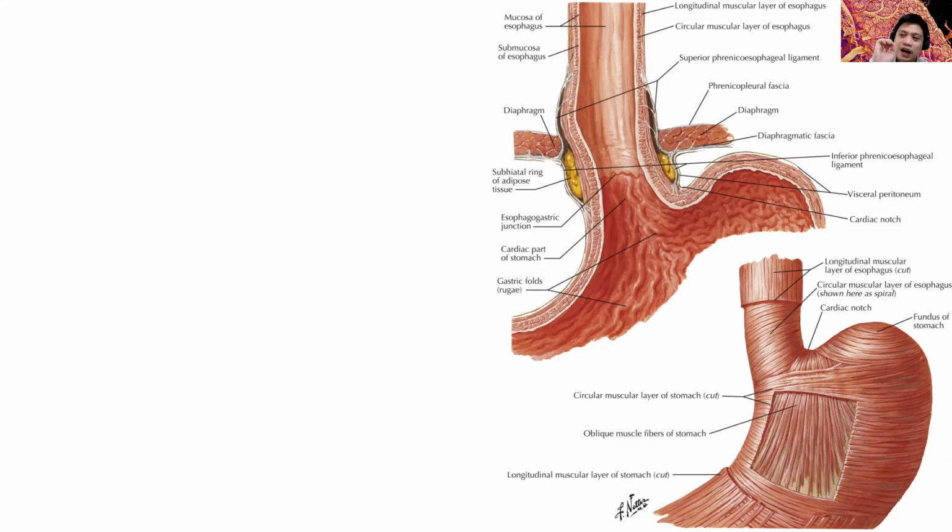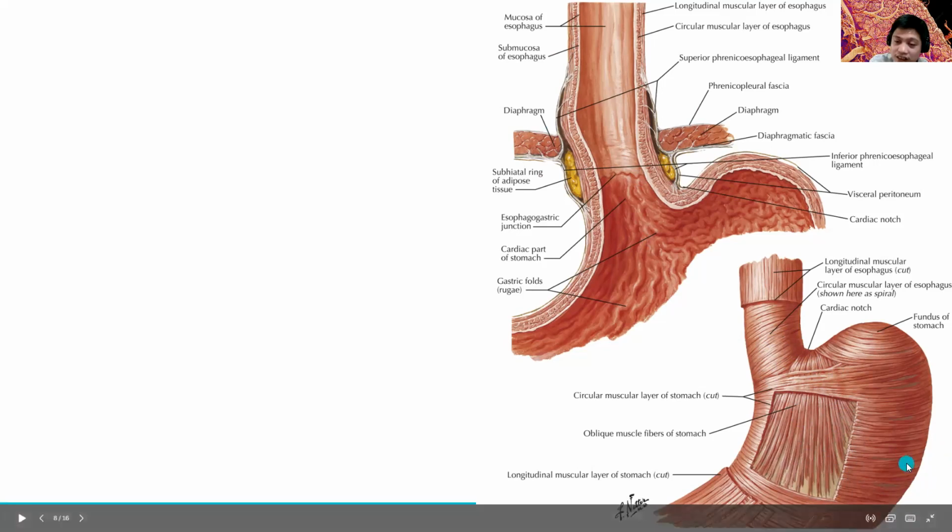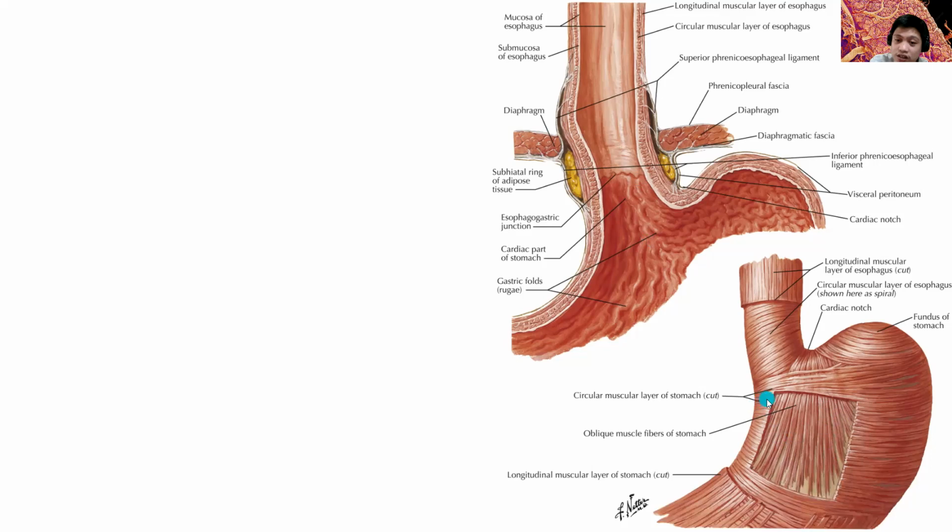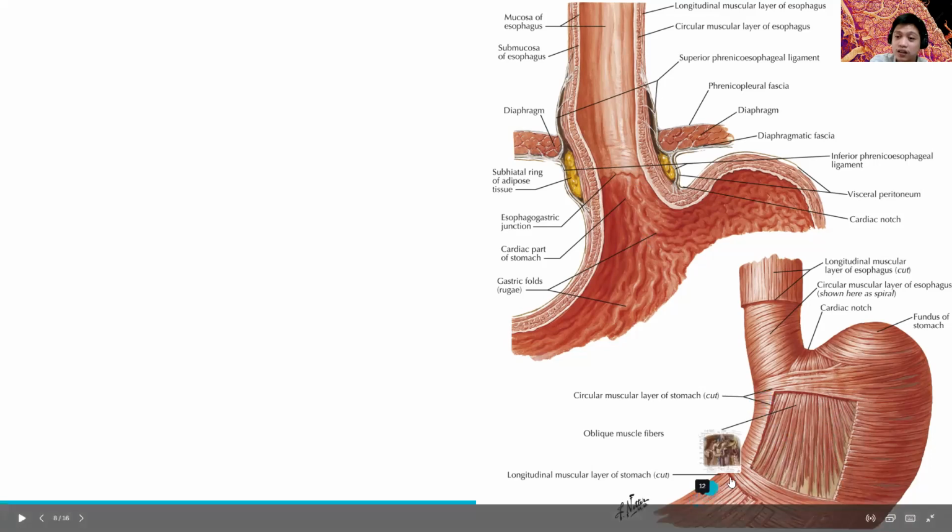Hindi lang dalawa yung layer ng muscles sa stomach. You have an inner circular, an intermediately oriented oblique muscle. And then another circular muscle, and then longitudinal. So maraming layers yun sa stomach.